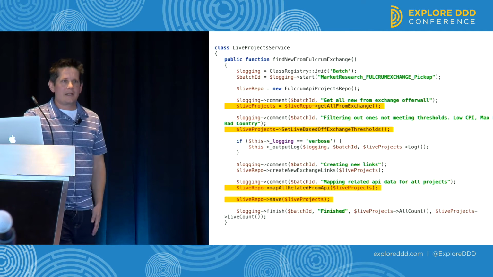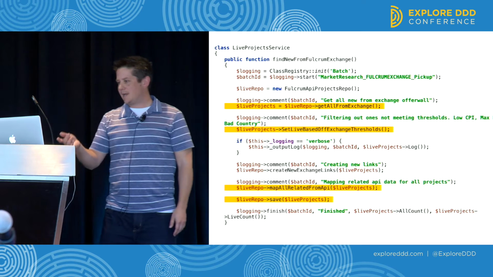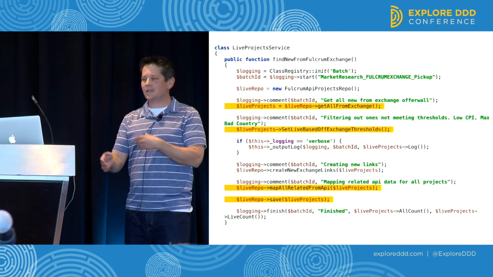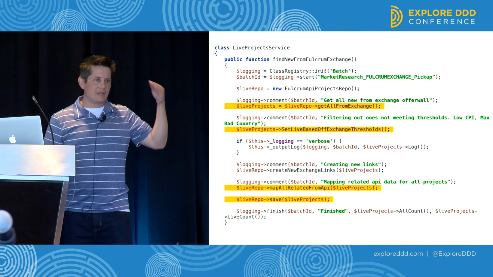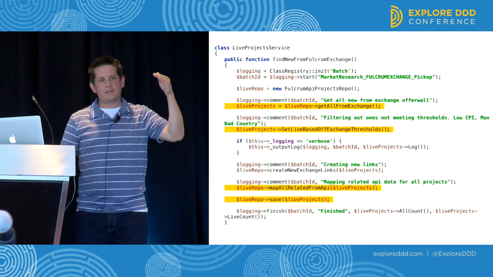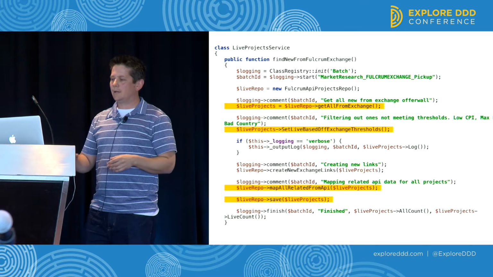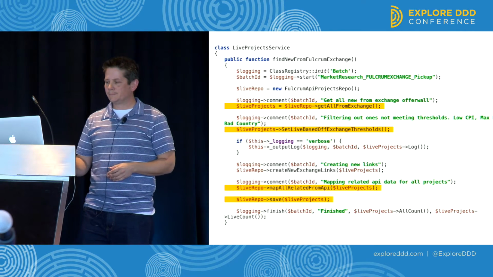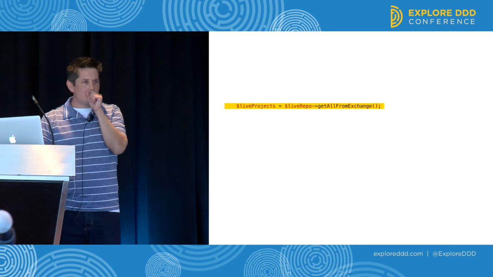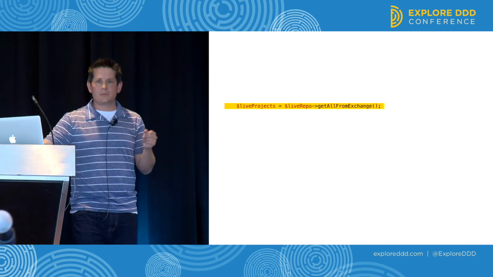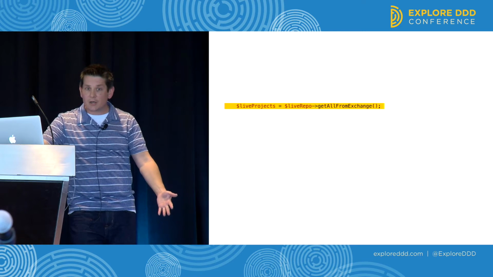But I basically created a service, and this is probably the 8th iteration that finally seemed to make sense. And within that service, for getting the live projects, there was one for each partner. And the 4 things here I highlighted. First one, getting the data using the repository. So you have this get all function.